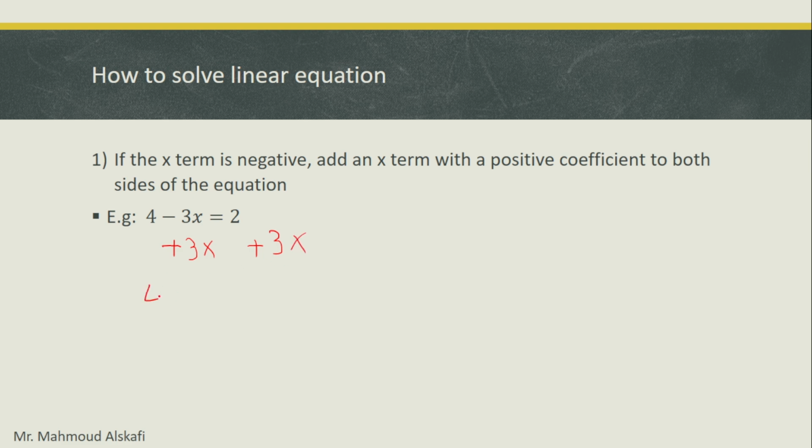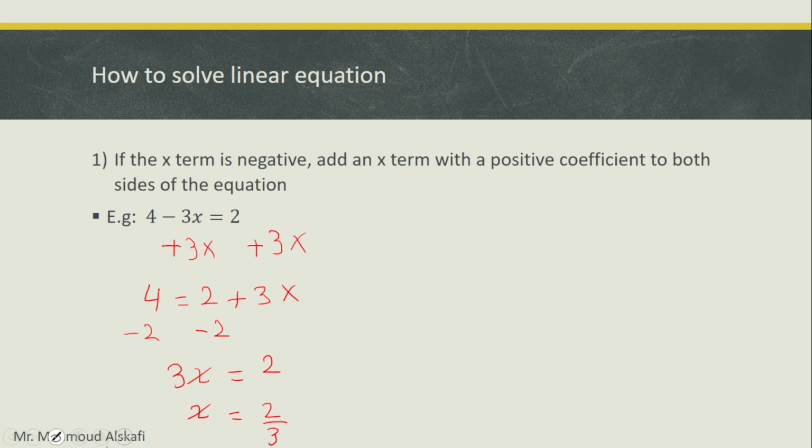That gives me 4 equals 2 plus 3x. How can we solve this? As we learned before, minus 2, so 3x equals 2, divided by 3, x equals 2/3.